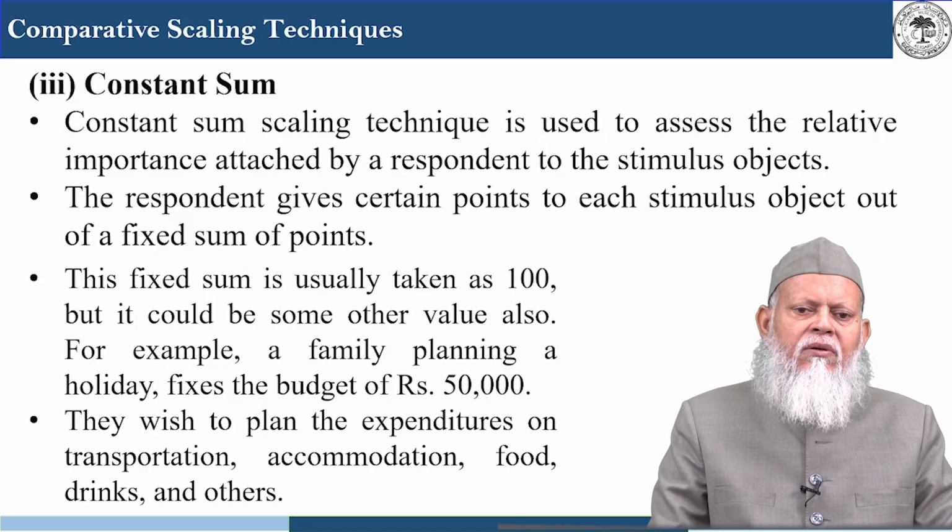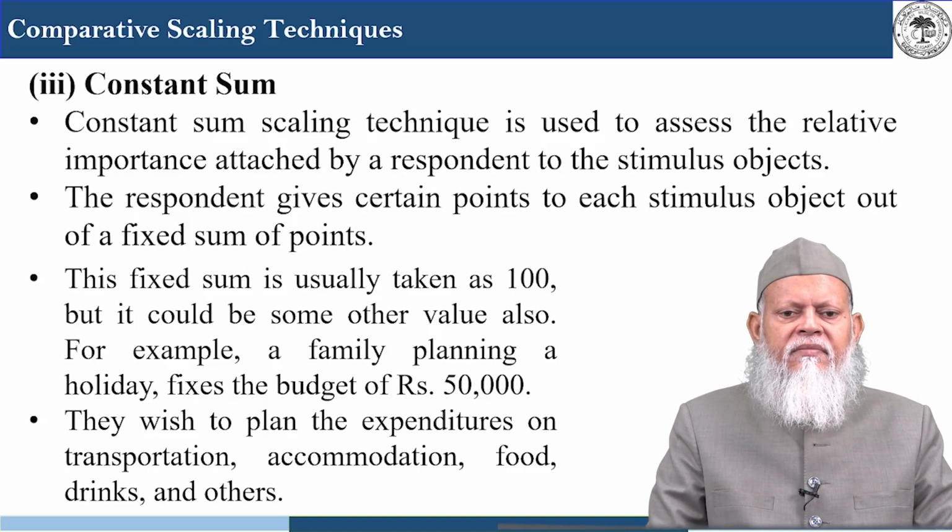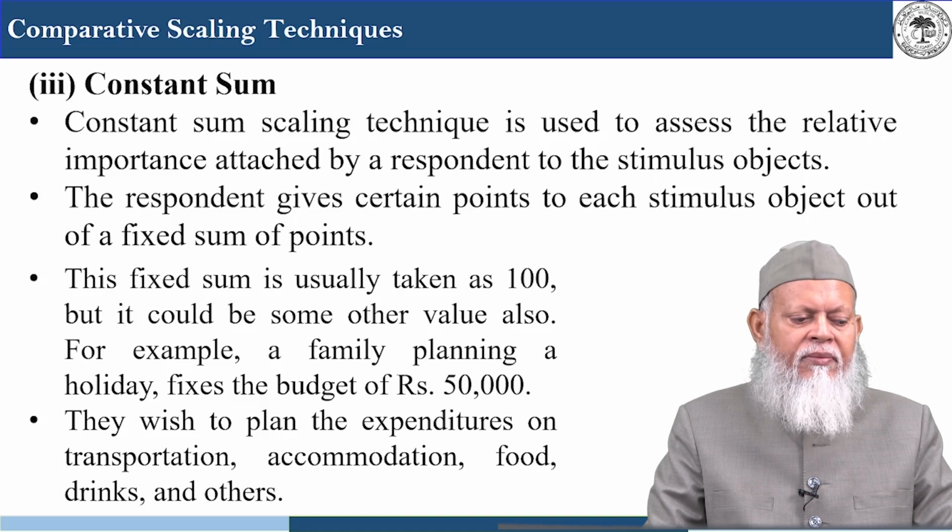Then we come to the constant sum. What is the constant sum? The constant sum scaling technique is used to assess the relative importance attached by a respondent to the stimulus objects.